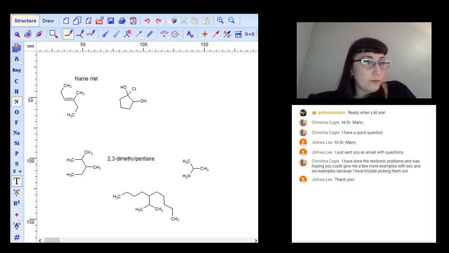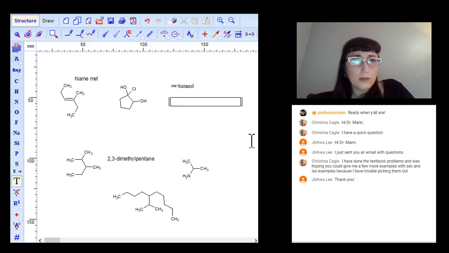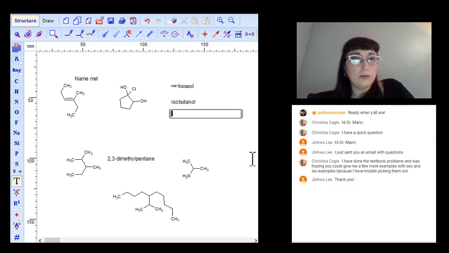What would be useful? See if you can draw the following molecules: sec-butanol, isobutanol, tert-butylamine.